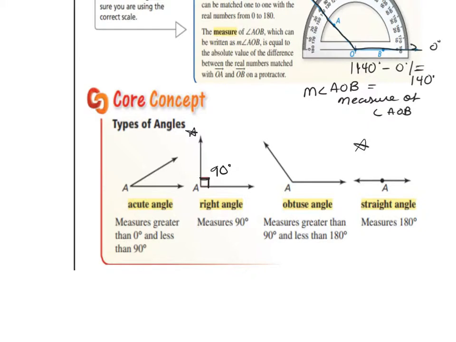And then you have a straight angle. For some reason, the concept of a straight angle can go over people's heads. If it's a straight angle, it measures 180. I think of a straight angle, a straight line, and also a semicircle. How much does a semicircle measure? Do you remember?